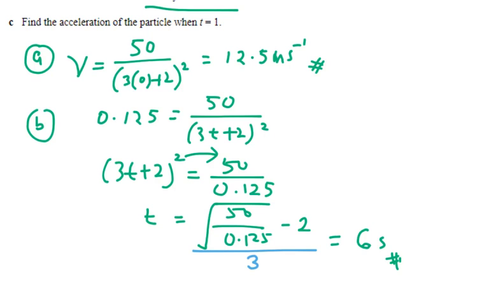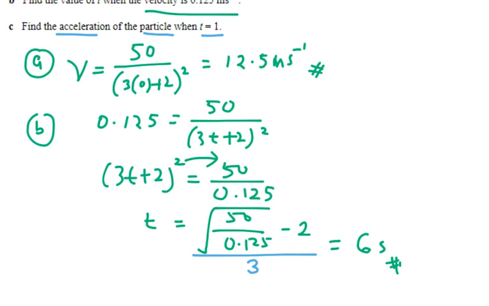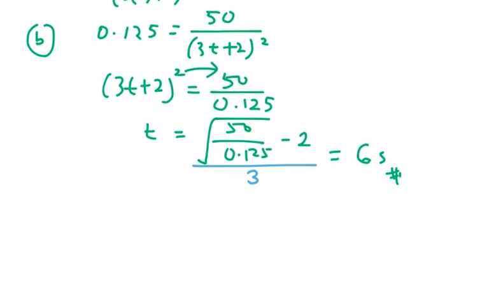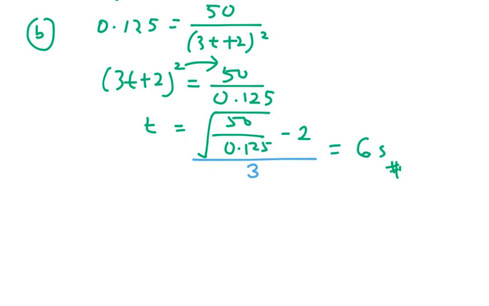The last part of the question is asking you to find the acceleration of the particle when t is equal to 1. Alright, to get the acceleration, you need to differentiate the equation of v. So for part C, to get acceleration, you need to differentiate the velocity equation.